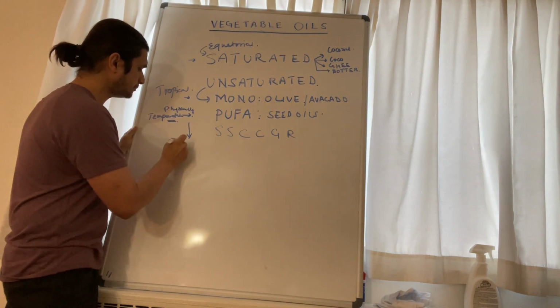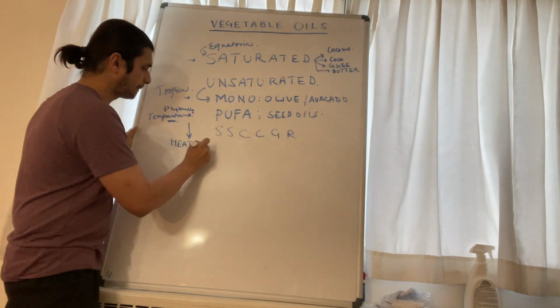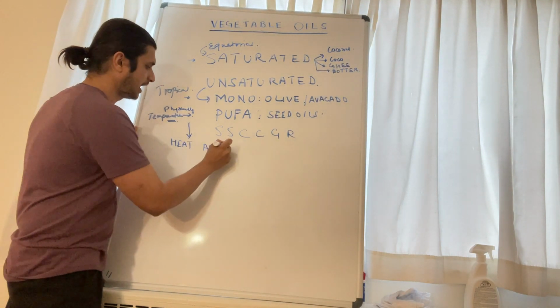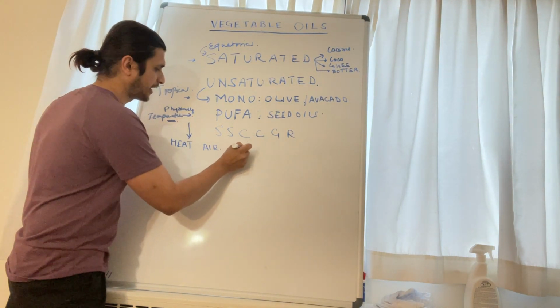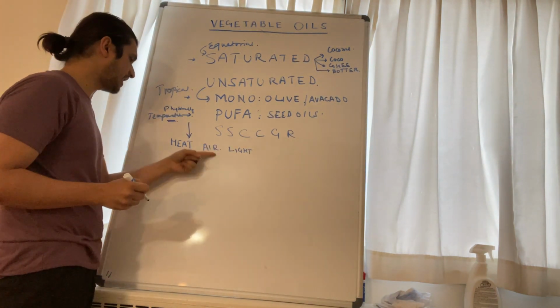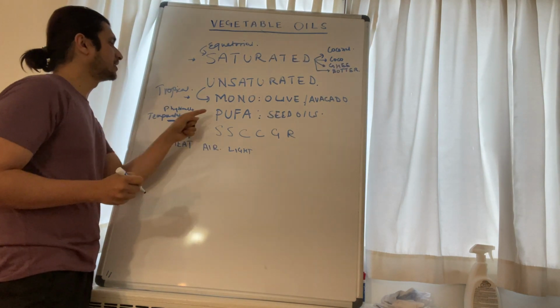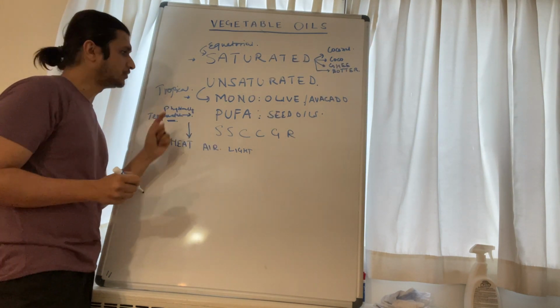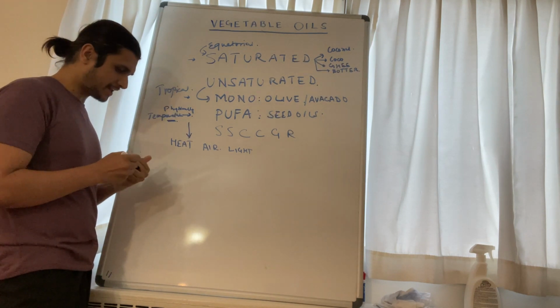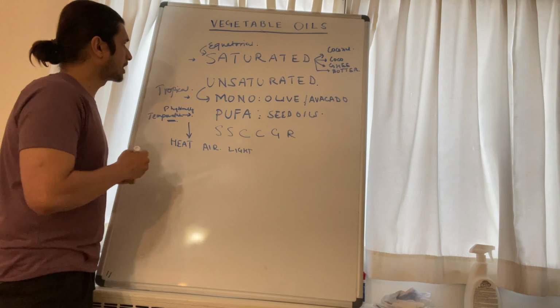Heat in the form of temperature, or air in the form of oxidation, and light, again a mixture of heat and air, or temperature and oxidation. Those three are the enemy of any PUFA omega-6 unsaturated fatty oil you are seeing in a vegetable oil. So remember that portion.